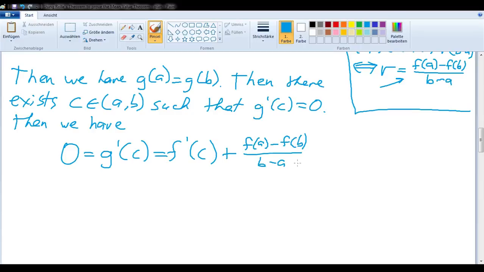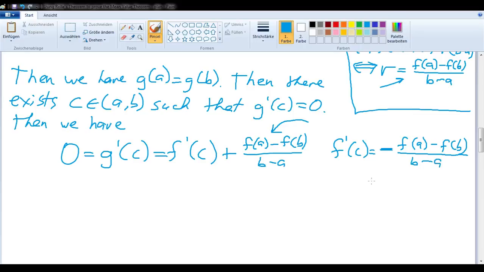Now, if we just subtract this from both sides of the equation, we end up with f prime of c being equal to negative f of a minus f of b over b minus a, where this negative refers to this entire fraction.